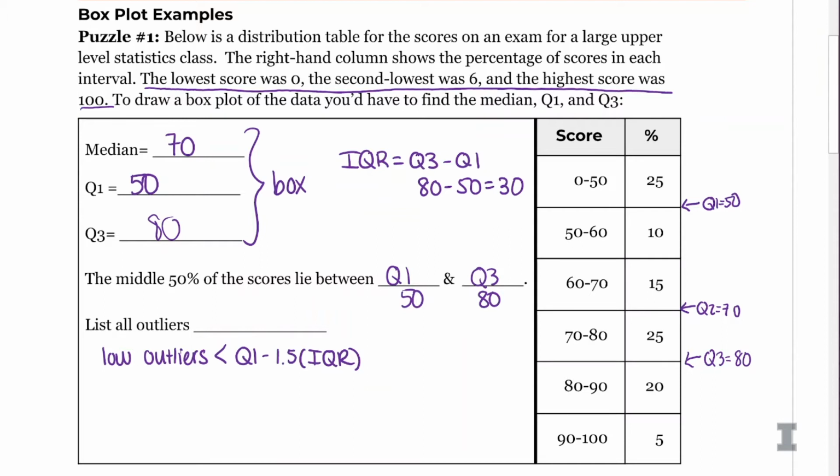So Wade, if you can use Python as a calculator, what do I get for my bound for the low outliers? The low outlier bound is 5.